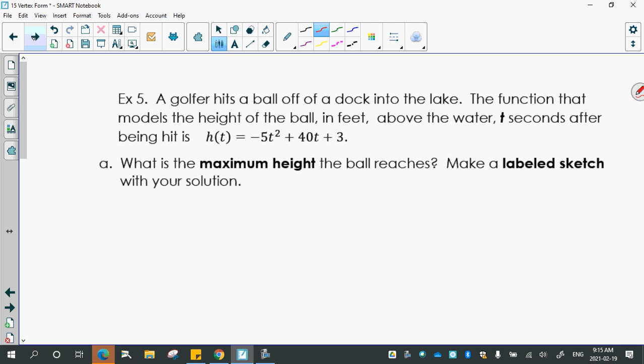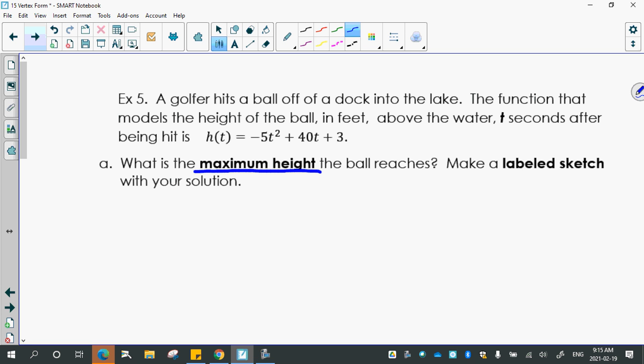Great, word problem. A golfer hits a ball off of a dock into the lake. A function that models the height of the ball in feet above the water t seconds after being hit is h(t) equals negative 5t squared plus 40t plus 3. What is the maximum height the ball reaches?